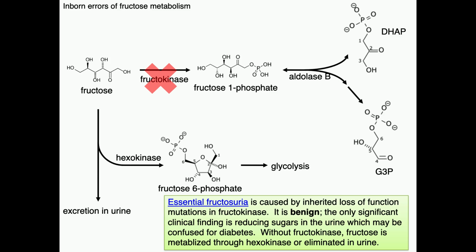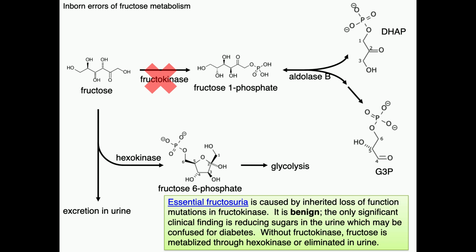Now, with fructokinase deficiency, the fructose will accumulate in the blood and you'll have fructosuria, but that fructose has other metabolic fates. So remember that the fructose can be metabolized, albeit at a much slower rate, through hexokinase in muscle and other tissues.